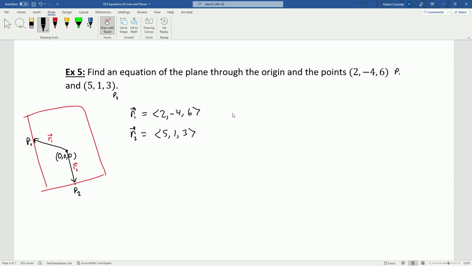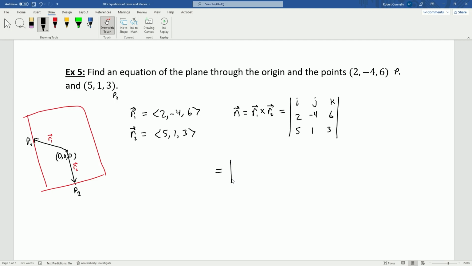So if I want to take the cross product here, my normal vector is going to be the cross product of these two vectors. So what do we get?